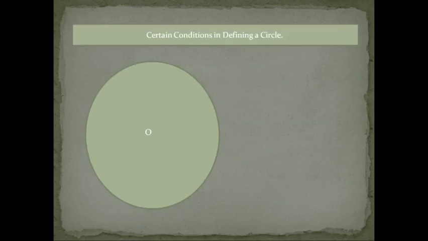So we take up a circle with the same center O, and there are certain conditions in defining a circle, so we are going to look at those conditions now.